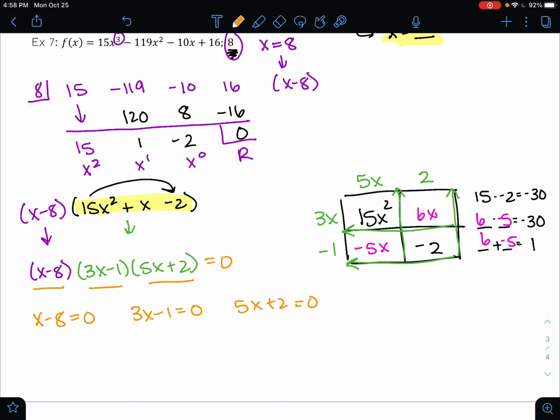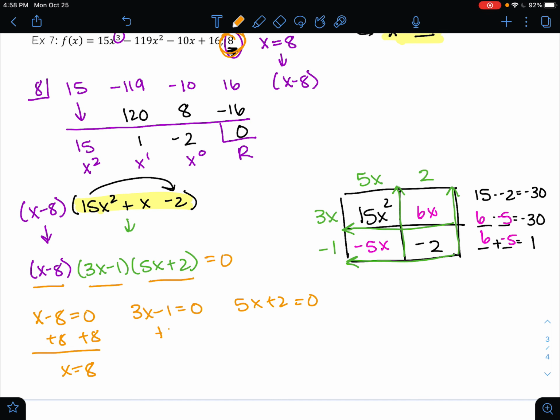So if I solve this first equation, I'll get x equals 8, which is good because that's what they told me. If I solve this second equation, I'll have 3x equals 1, divide both sides by 3, and get x equals 1/3.